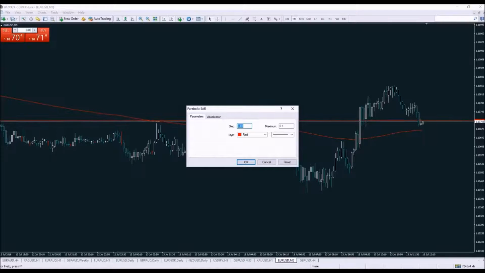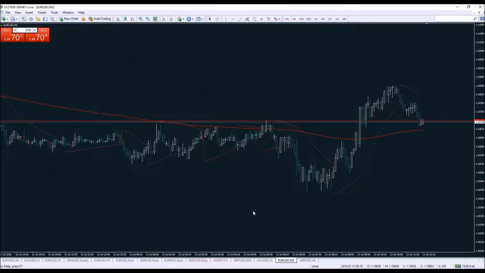All of these things I'm not going to cover, due to the fact that we've been talking so much about the parabolic support and resistance indicator. So the style, that means the color, I'm going to choose red for the simple reason that it's fast. I just need to notice it, I need to know that this is the fast one. This is how we have it.